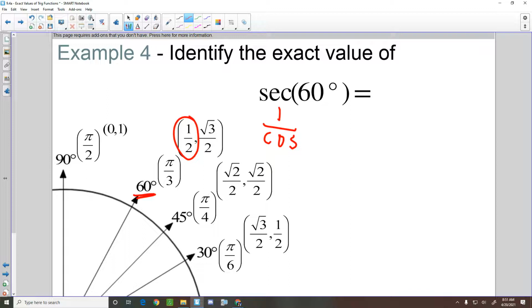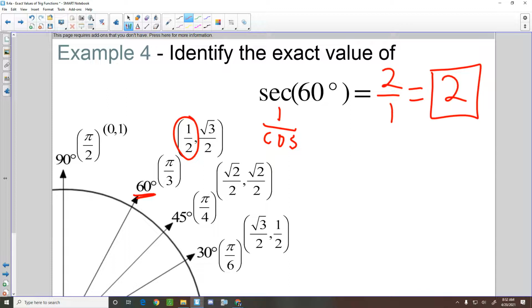So take that 1 over 2 and just flip it upside down. That gives you 2 over 1. It's the reciprocal of the x coordinate, because that's what secant is. It's the reciprocal of cosine. 2 over 1 is just 2. So the secant of 60 degrees is just 2.